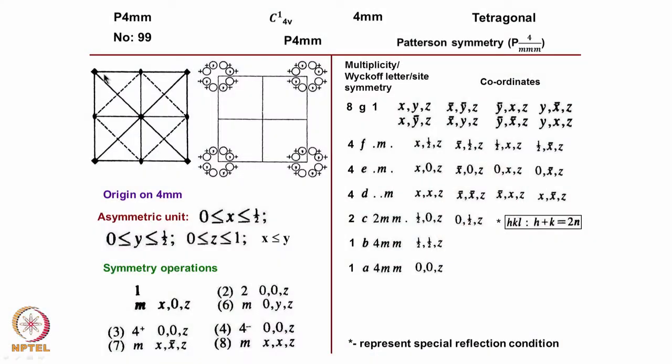Then if we put the atom at this point, okay, then by translational symmetry these points will be generated, all. That's one which we can do, or we can put an atom at this point also. Okay. Both these points have the same symmetry, because here also the full 4mm symmetry is associated with it, correct?